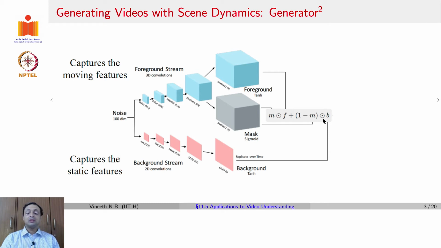That is what leads to the generated output. As you can see, the foreground stream captures the moving features, the background stream captures the static features, and the background is replicated over time at every step in the frame. It's the same background that's used all over again, and that leads to the final generated video, which is a space-time cuboid. All of this corresponds to the generator of this model.